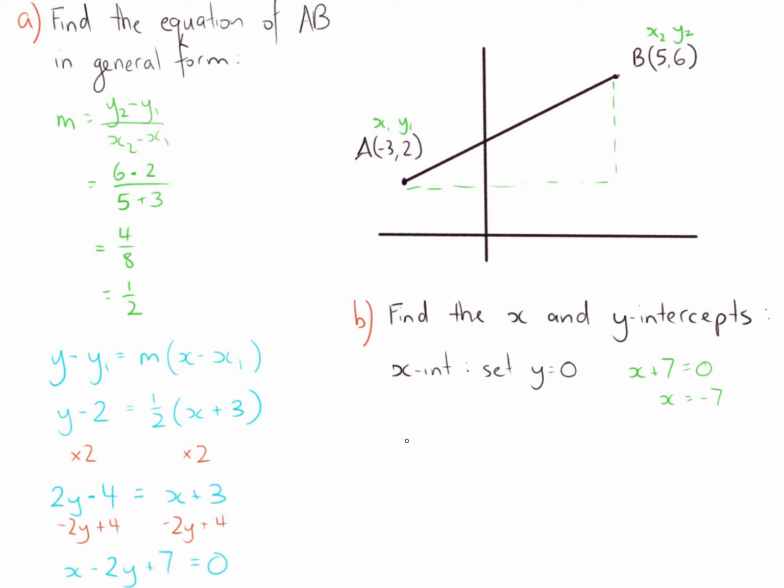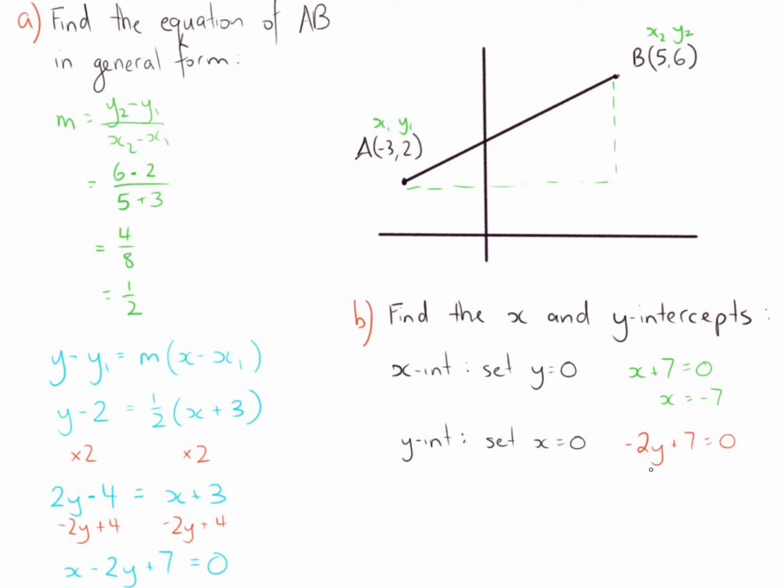Let's do the same for the y-intercept, except here we will be setting x equal to 0. What do we get? Well, the x term is gone because that's 0, and we are left with negative 2y plus 7 equals 0.